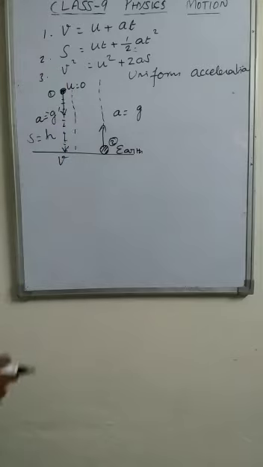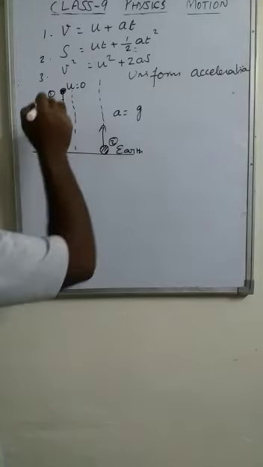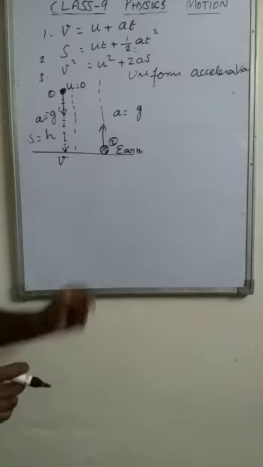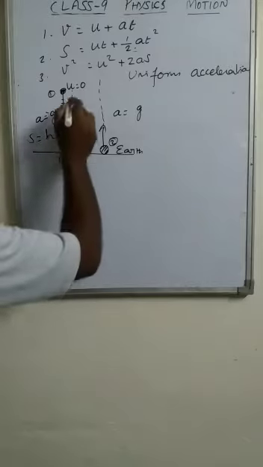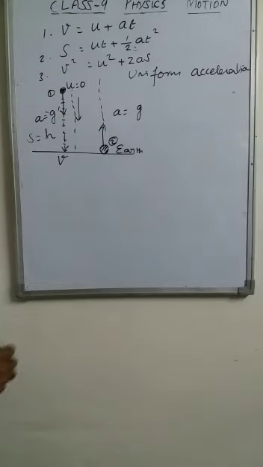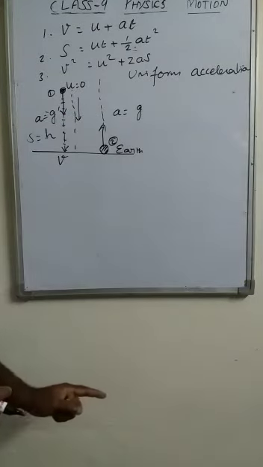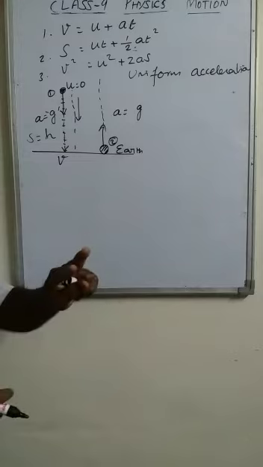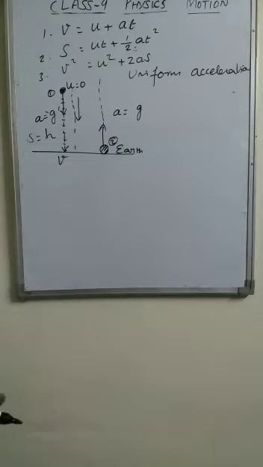So during this motion, the velocity continuously increases, so uniform acceleration is produced. Here the object is moving downward, and the Earth is also attracting the object downward. So the direction of motion of the object and the acceleration produced due to the Earth are the same in direction, parallel to each other.